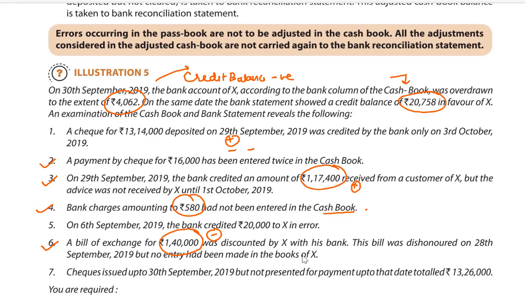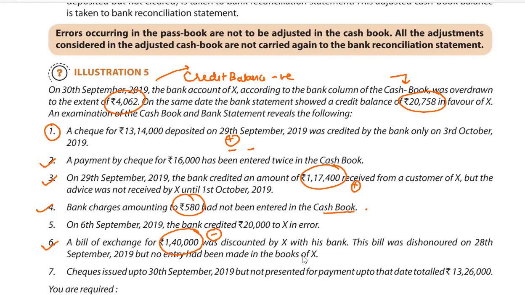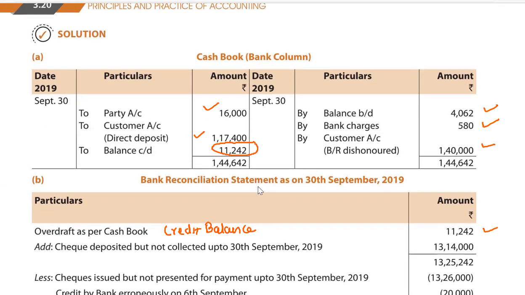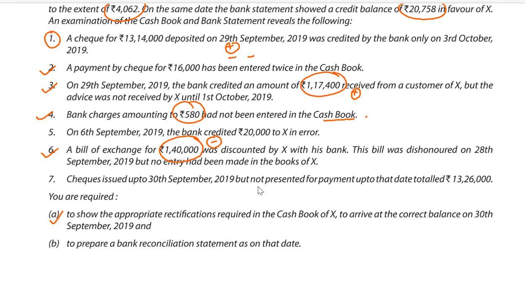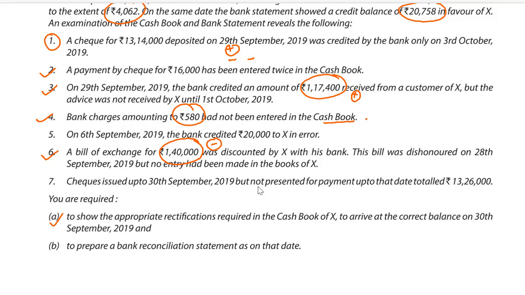Entry number 1, a check of 13,14,000 deposited was credited by the bank later. So in the bank it is deposited, and in the cash book it needs to be deposited, 13,14,000. So in the add column we have added 13,14,000. Seventh, checks issued. So we had done minus in the cash book.